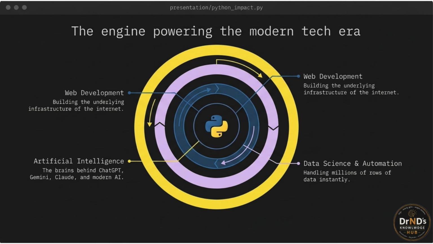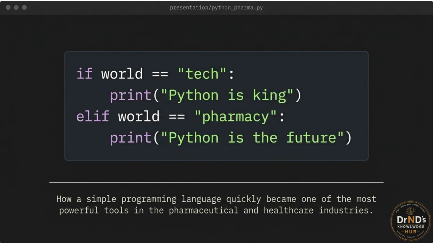And as you will see throughout this course, learning Python means learning a skill that is shaping the future. We have already seen that Python powers modern technology, but here is something even more exciting for us. Python is rapidly transforming the fields of pharmacy, healthcare, and biomedical research.